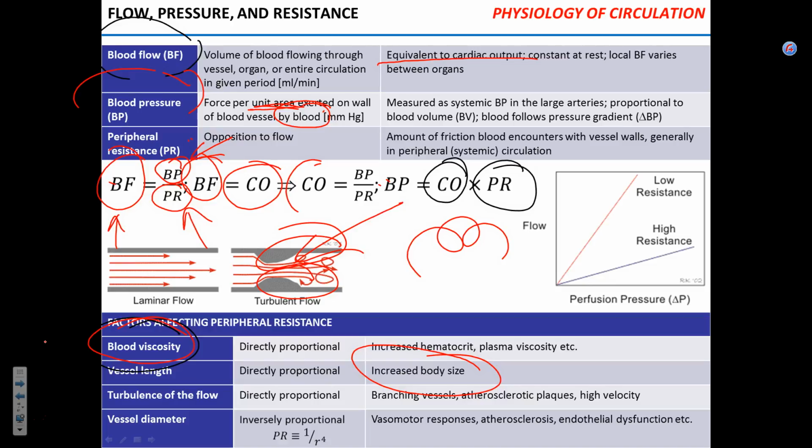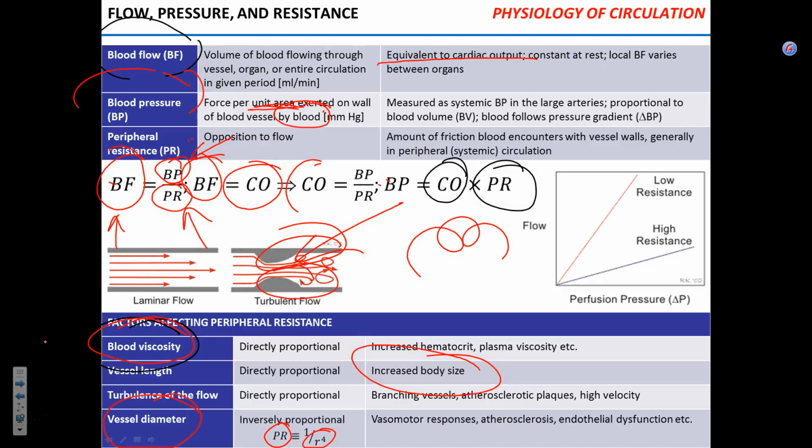But the most important factor is vessel diameter. Peripheral resistance is inversely proportional to the vessel diameter to the power of 4. Translating into the language of normal people, if you decrease the diameter of the vessel 2 times, what's going to happen to the resistance? Will it go up or down? Up.